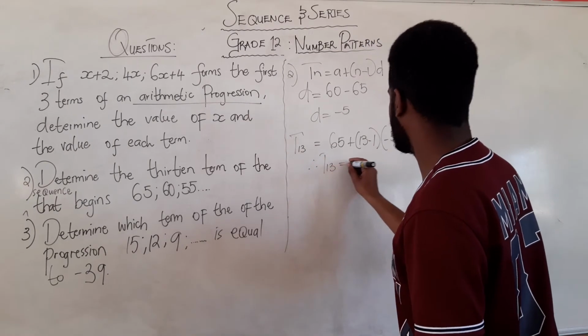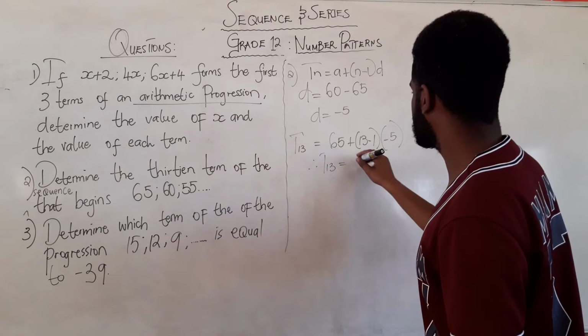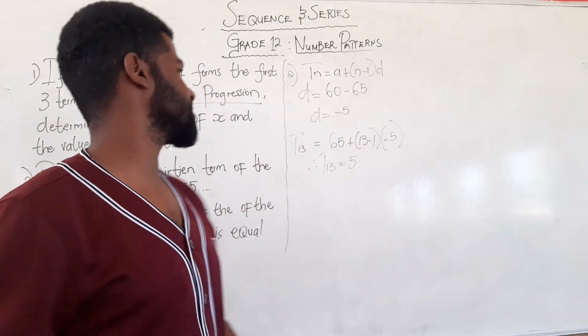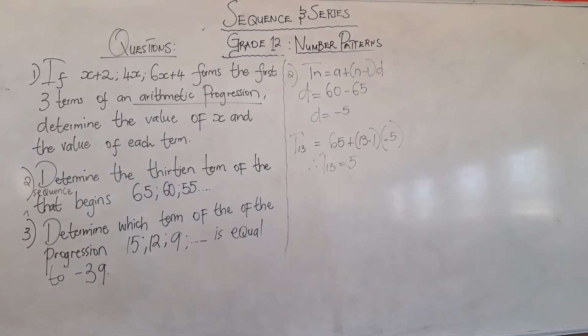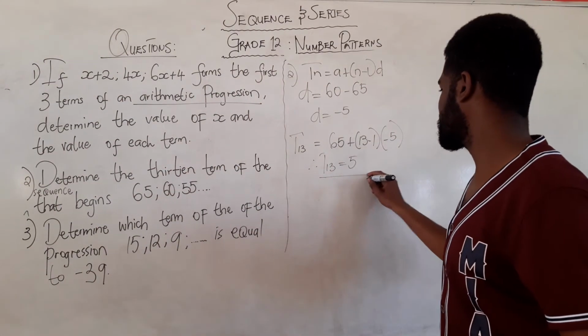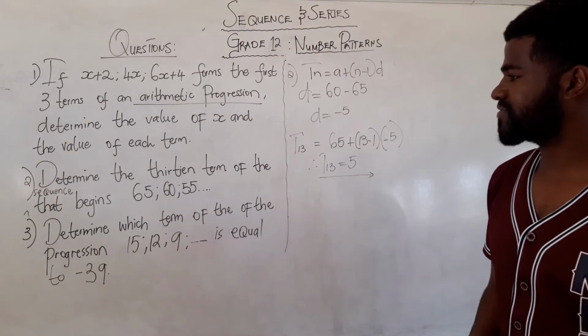Therefore, the 13th term will be positive 5. Let me recalculate it. 65 plus 13 minus 1 into negative 5. Yes, the final answer is positive 5. So our 13th term is positive 5.